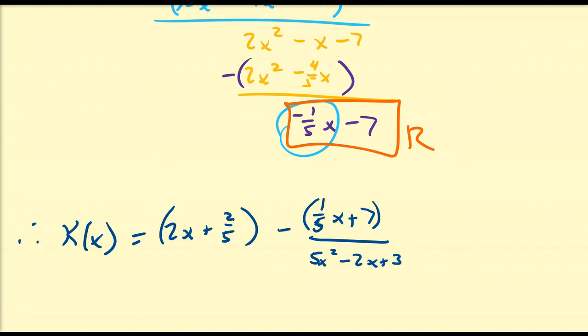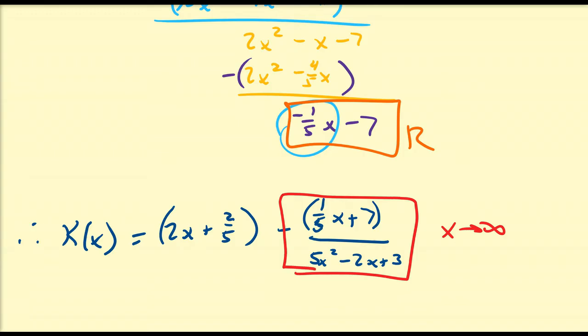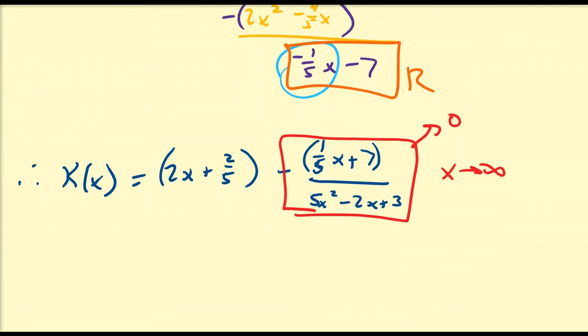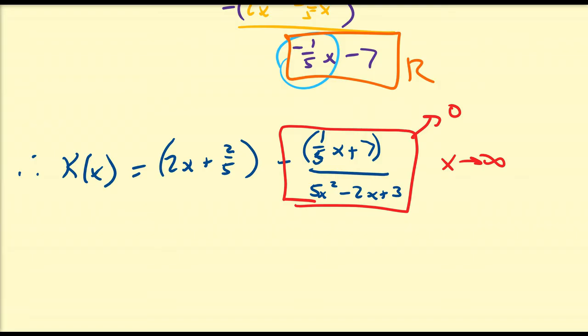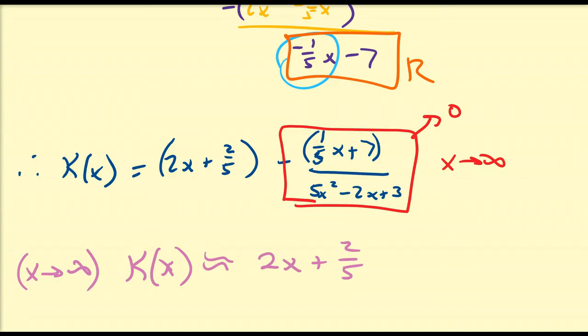So what I'm going to do is send x to infinity. As x goes to infinity, this term here is going to go to 0 because the bottom term is going to get larger than the top. So as x goes to infinity, k of x is going to be approximately equal to 2x plus 2/5.